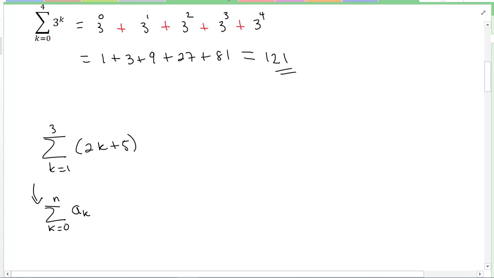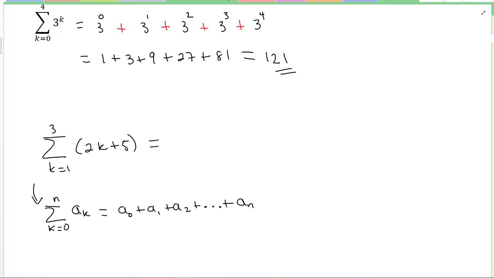This is telling you start at 0 and go all the way to n. So this is going to be a sub 0 plus a sub 1 plus a sub 2 plus, depending on n, a sub n. And so this is a general summation notation. And you can also go to infinity, but we're going to talk about that in future sections.